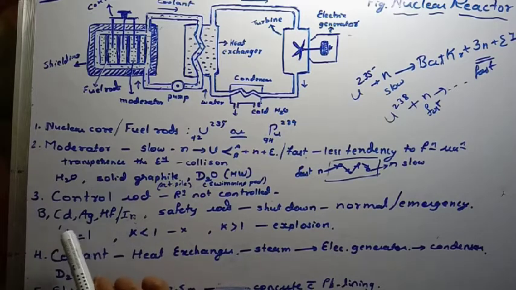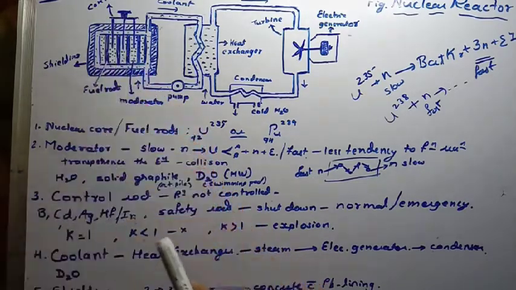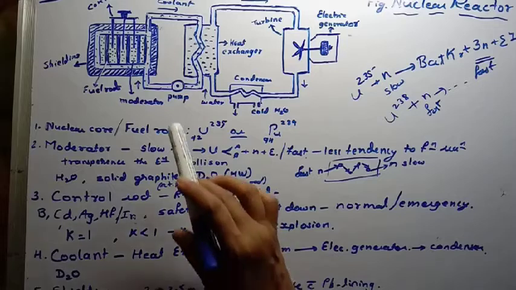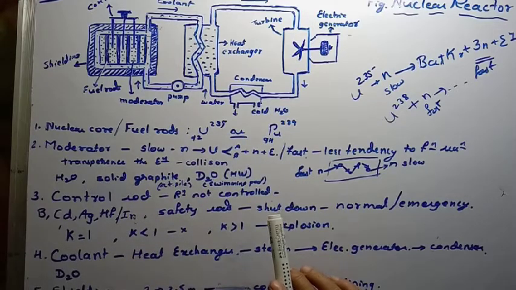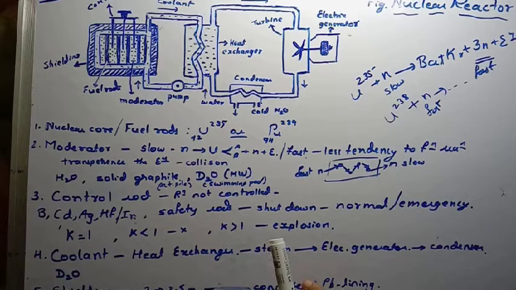These materials are used in the form of control rods, and by inserting the control rods from the top, the reaction can be controlled. Sometimes, to maintain the steady and slow reactions in the required manner, K must be equal to 1.